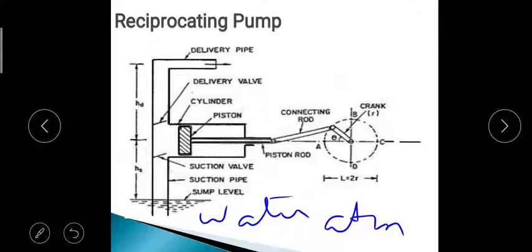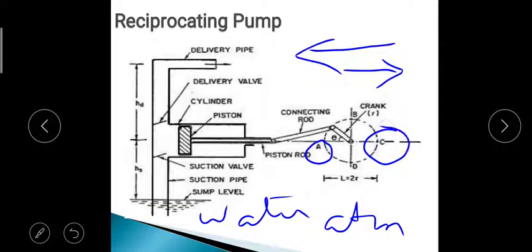So what the pump does is, when the piston is moving towards its right, it means that the crank is at the position A. When the piston is moving towards the left, it means that the crank is at point C. So now you can imagine that when the crank is at point A, the piston will be towards this point.